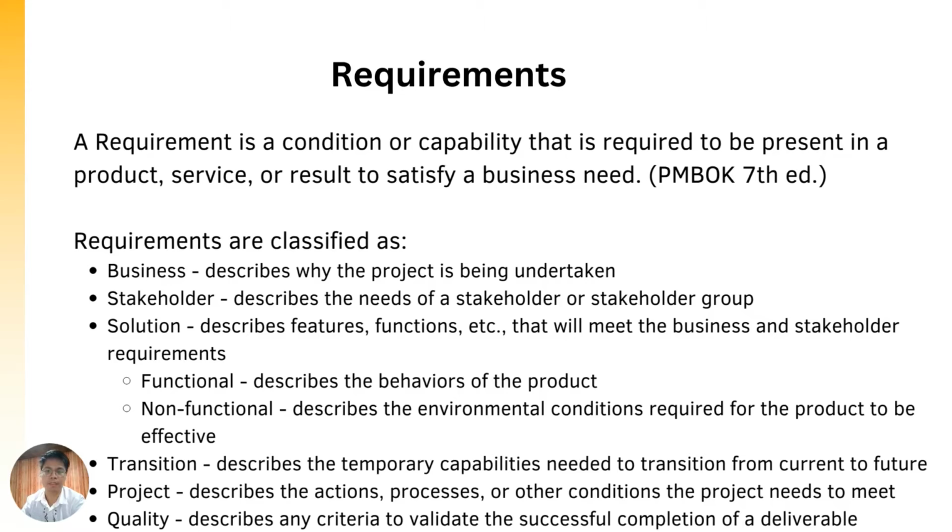Transition requirements describe the temporary capabilities needed to transition from the current state of the organization to a future desired state. Project requirements describe the actions, processes, or other conditions the project needs to meet. And quality requirements describe any criteria to validate the successful completion of a deliverable.